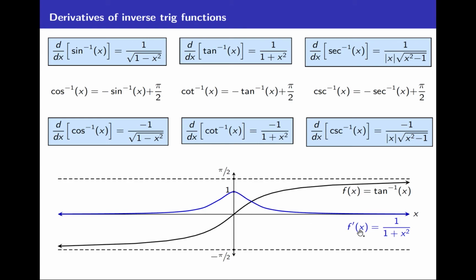And also, as x gets bigger and bigger, this denominator, 1 plus x squared, gets even bigger. So its reciprocal is getting small, getting closer and closer to 0. So you're picking up a horizontal asymptote of the x-axis for our derivative f prime.